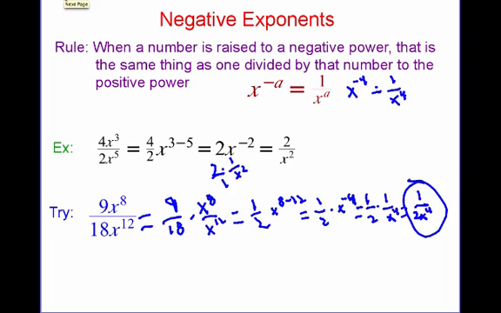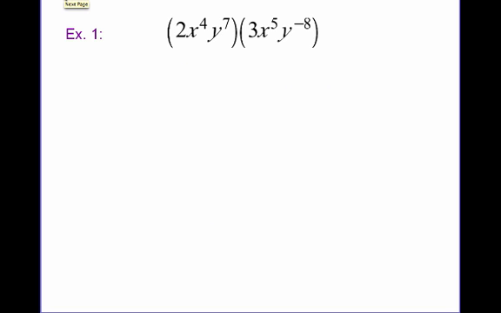All right, so let's put this stuff together. Let's do some examples that have a little bit more work to them. So example 1 here. I've got 2x to the 4th, y to the 7th, times 3x to the 5th, y to the negative 8th. So not only do I have some coefficients, I also have two different variables.